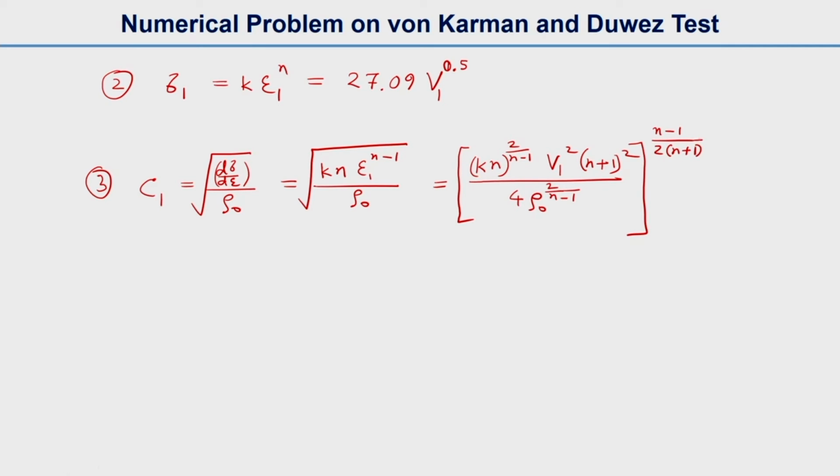So we got the second relation, sigma 1 in terms of V1, and then the third relation, the plastic wave velocity in terms of impact velocity.